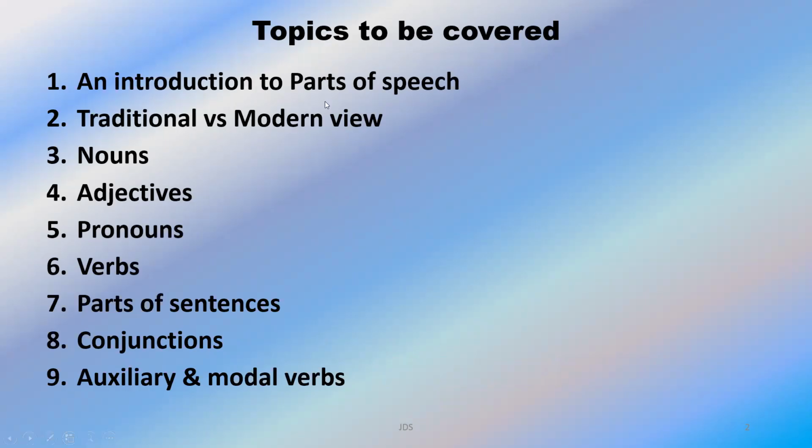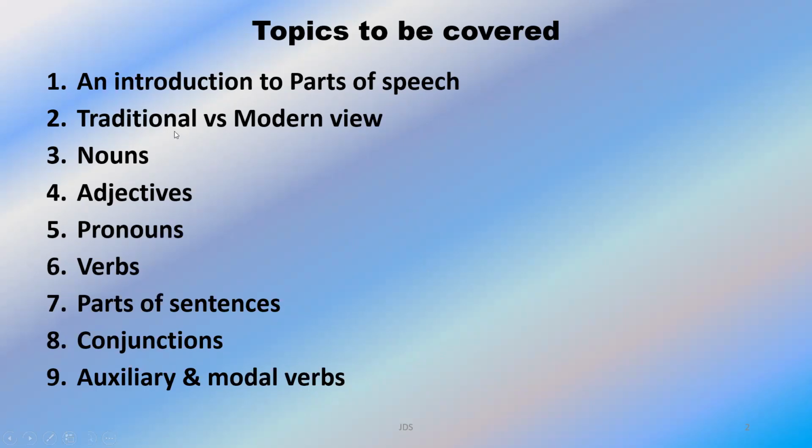An introduction to parts of speech, traditional versus modern view. I hope you know what parts of speech is all about. We are not going to focus on each and every part of speech, but we will be having a general outlook related to parts of speech. And we move on to identify the 2 different views connected to parts of speech.